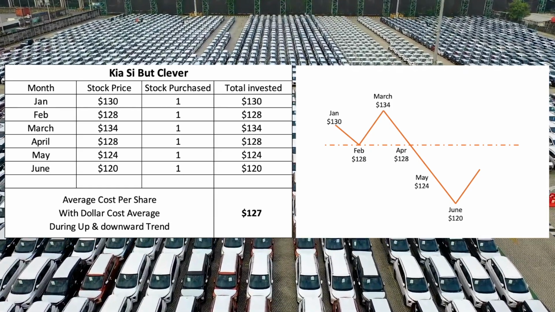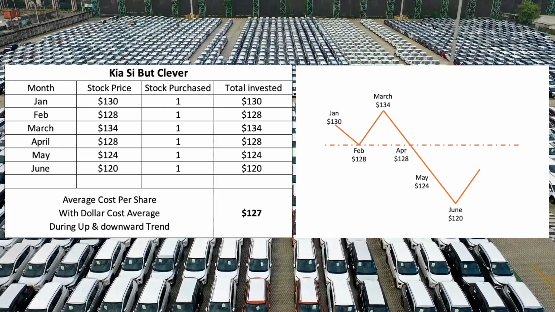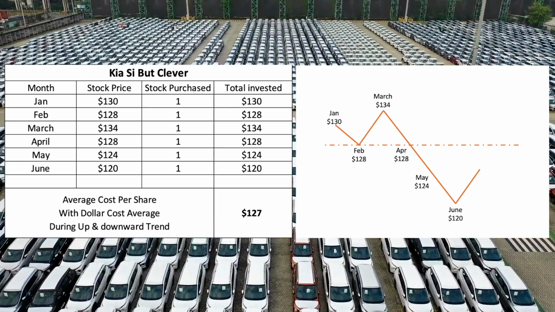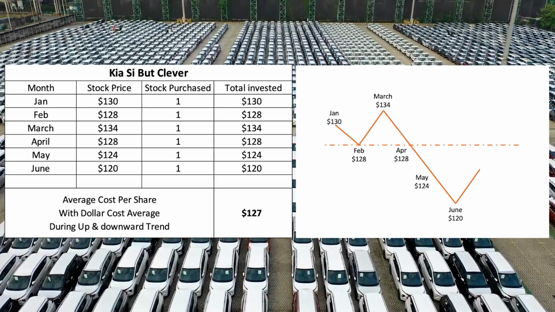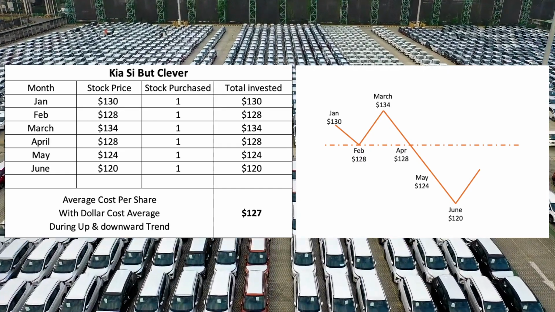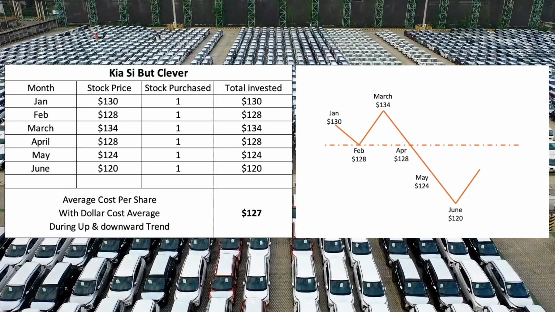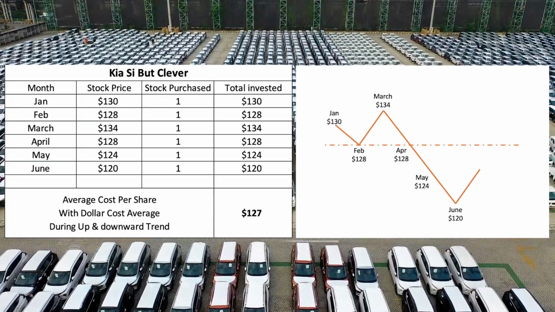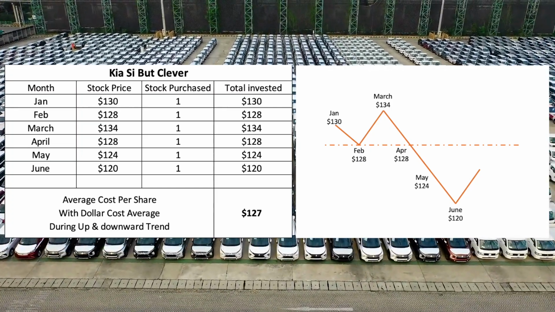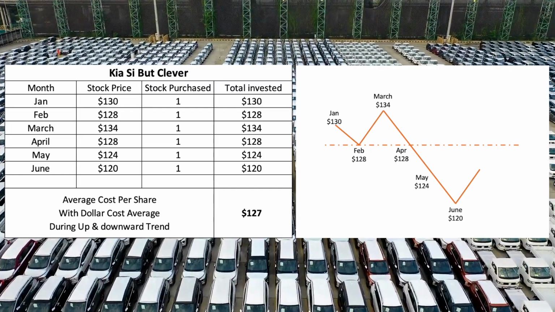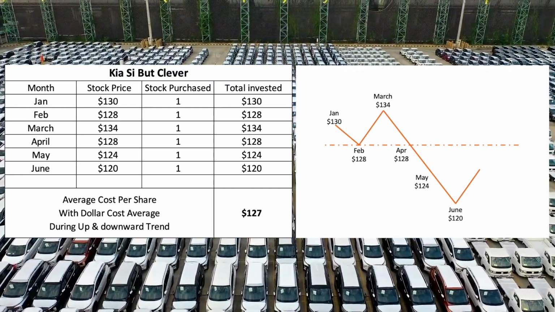In March, I buy another one, but this time the stock price is at $134. So assuming I bought one stock from January to June, and then if I were to sum up all these values, divide by 6 stocks, that gave me an average cost per share of $127.